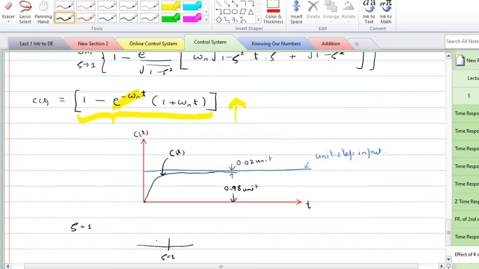Here this side, this is your zeta less than 1. Here this side, zeta greater than 1. And we know that just before this region, in this particular region, the system will be the underdamped case. It means this is the critically damped case.